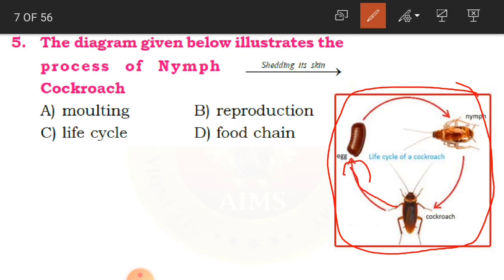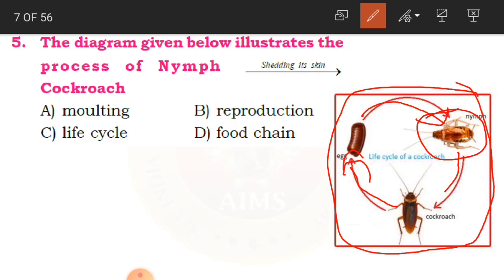After laying eggs, what happens? The young one is hatched. The young one is called a nymph. To become an adult, this nymph has to shed its skin several times.